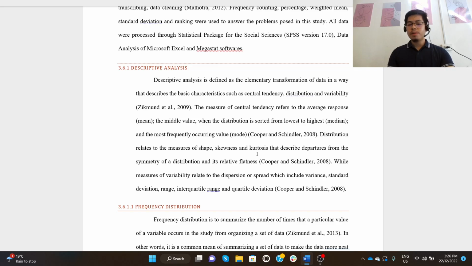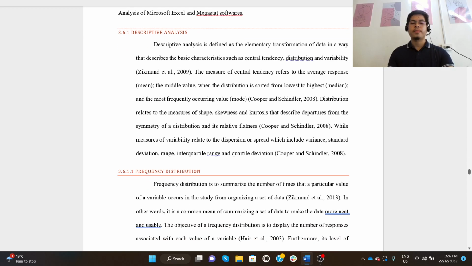Descriptive analysis is defined as the elementary transformation of data in a way that describes the basic characteristics such as central tendency, distribution, and variability, according to Zygmunt et al. 2009. The measure of central tendency refers to the average response or the mean, the middle value when the distribution is sorted from lowest to highest or the median, and the most frequently occurring value, mode, according to Cooper and Schindler 2008.